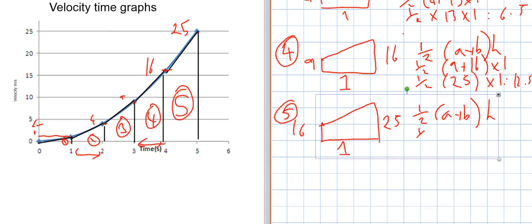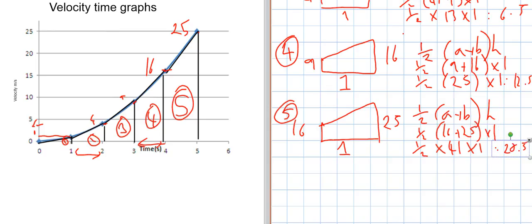So I've got half times (16 plus 25) times the height between them, which is 1. 16 plus 25 is 41, so I've got half times 41 times 1. Half of 41 is 20.5. And so now I've worked out the area of each section.